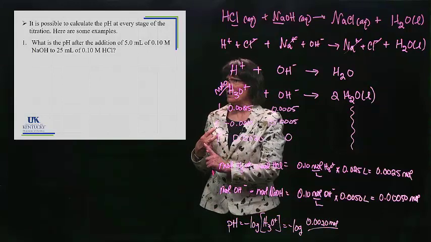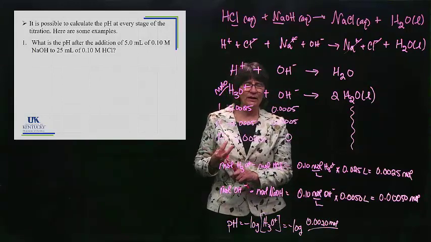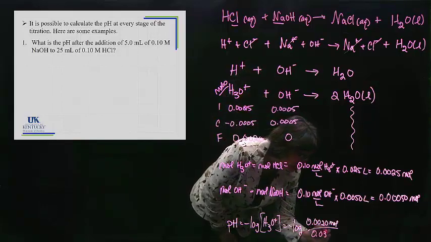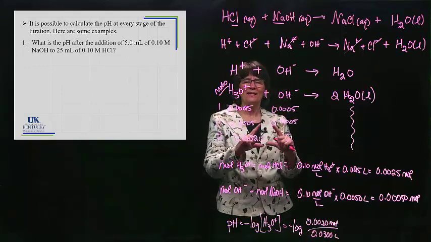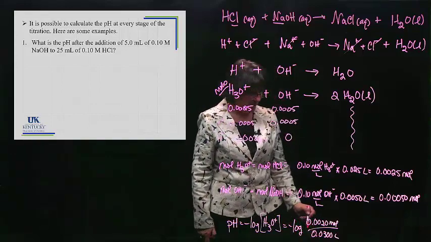Well, I had 25 milliliters of the acid and 5 milliliters of the base. That's 30 milliliters, or 0.03 liters of the solution, because I want to know the solution in that container after they've mixed together and reacted, and so that's the total volume in there.